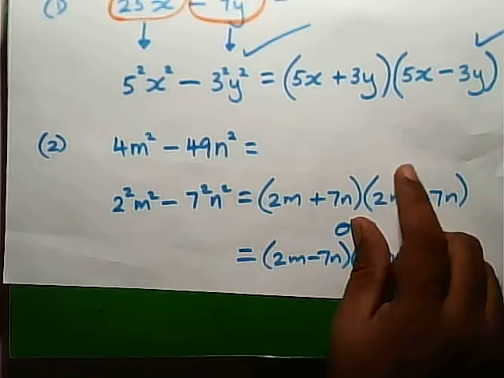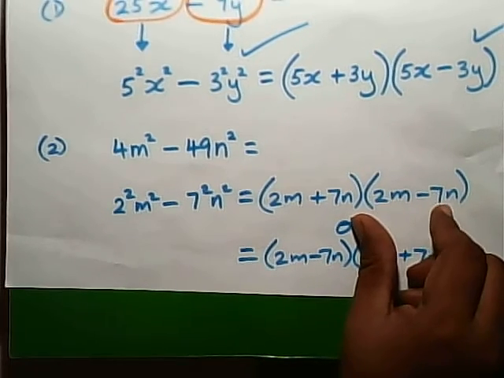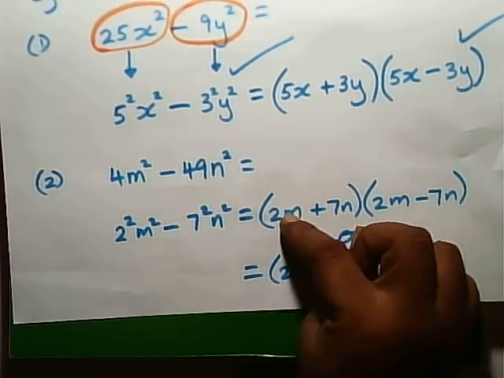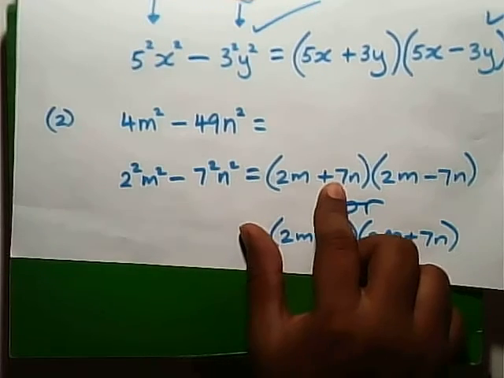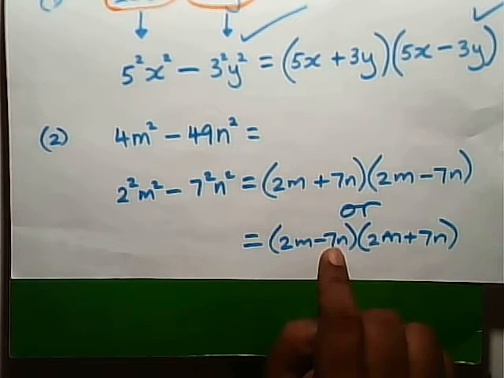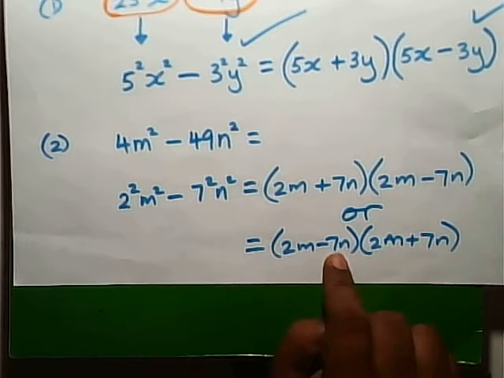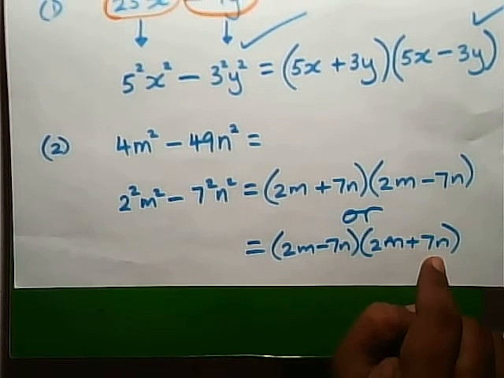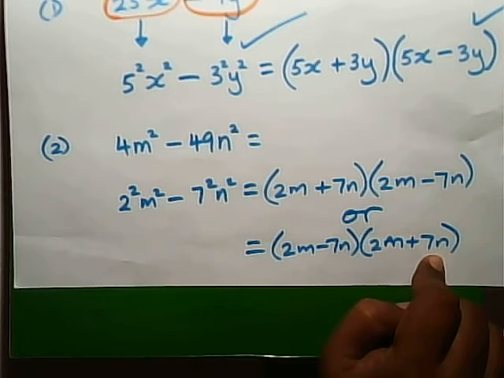Okay. Now if you had this written first and this written second, it would look like this. 2m minus 7 in brackets first, and then the second brackets would be 2m plus 7. And that is totally allowed.